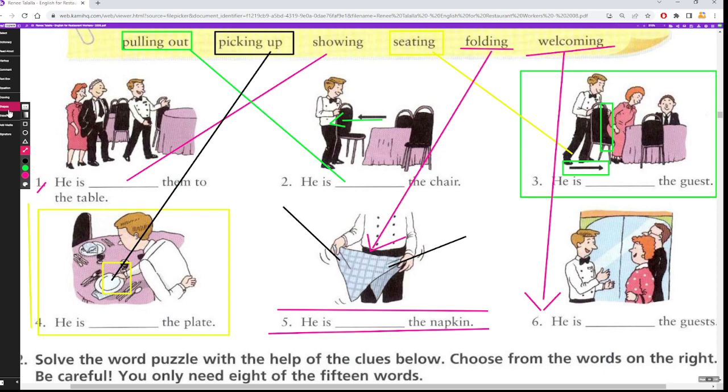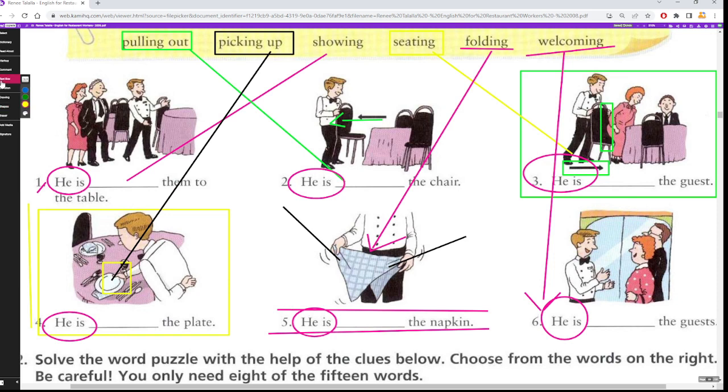Now let's practice this part right here. He is, he is, he is. You can do contraction.